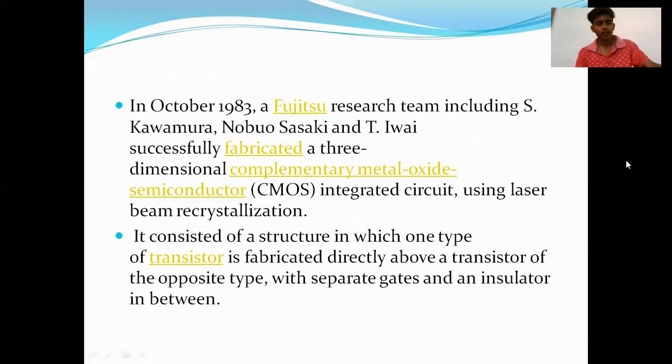It consisted of a structure in which one type of transistor is fabricated directly above a transistor of the opposite type, with separate gates and an insulator in between the two transistors. This was successfully fabricated as a three-dimensional CMOS in the year 1983.